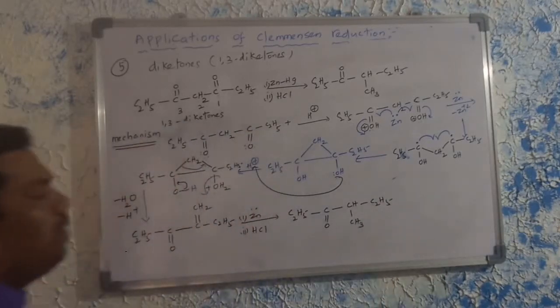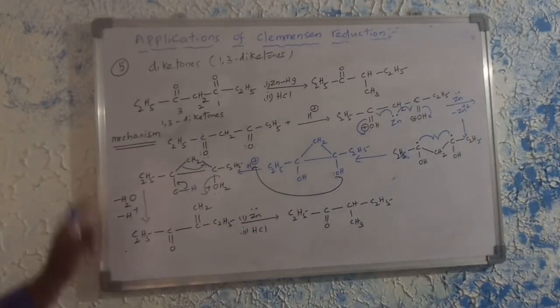So this is our product. This is a very important mechanism in Clemmensen reduction. It is also very important for aromatic type of compounds, where ring contraction is possible. We will see that type of mechanism also.